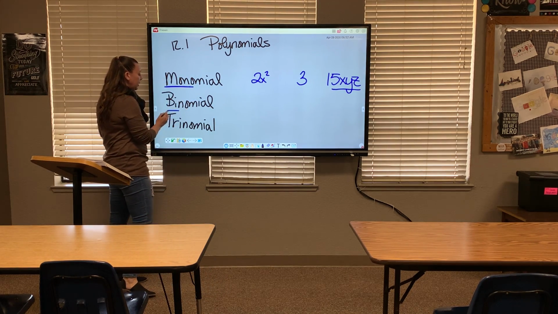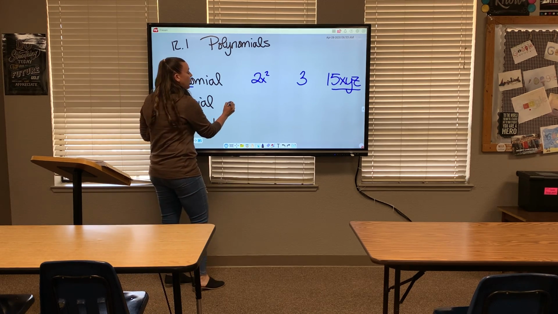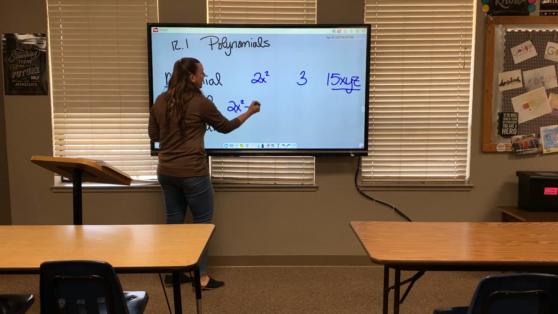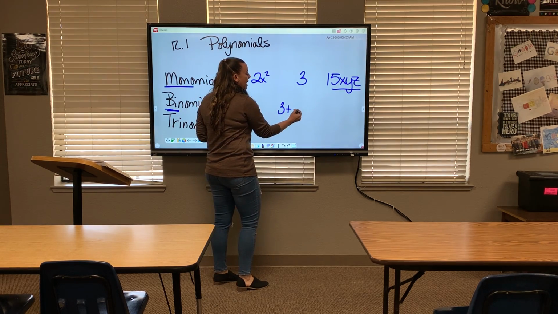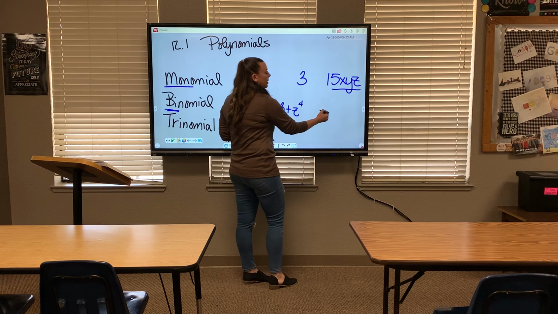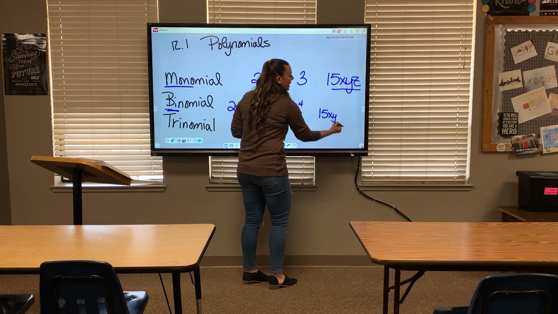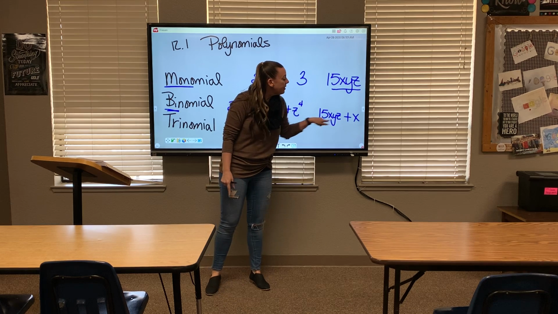A binomial, bi means 2, so this would be 2 terms. You could have 2x squared minus 1. You could have 3 plus z to the 4th. And then you could have something like this, 15xyz plus x. So these are not the same term.